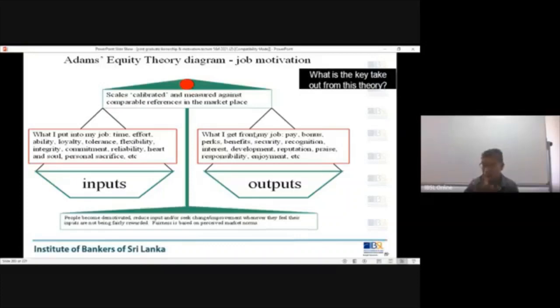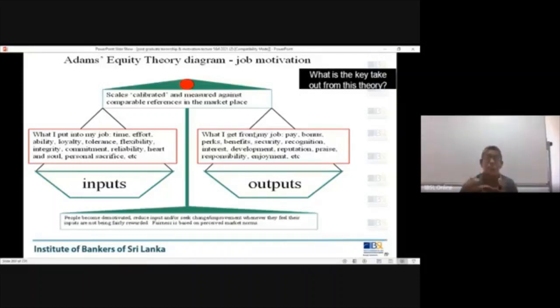Closed space system. That is why sometimes you noted that you don't know other people's salary. So you can basically control job motivation under Adams equity theory by having a closed space system.